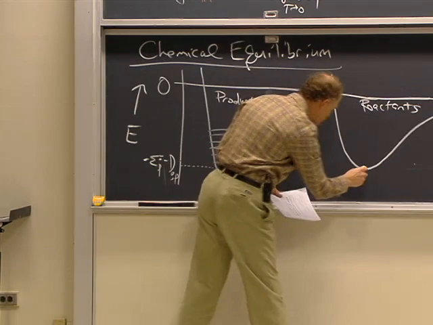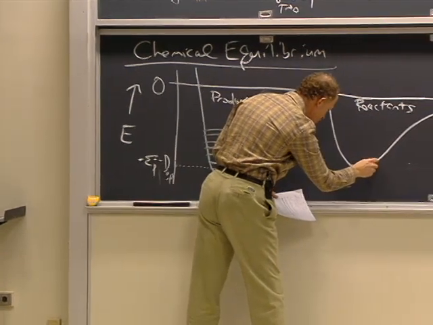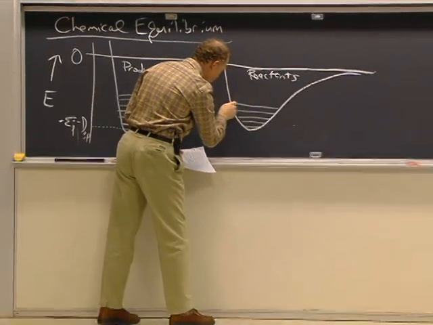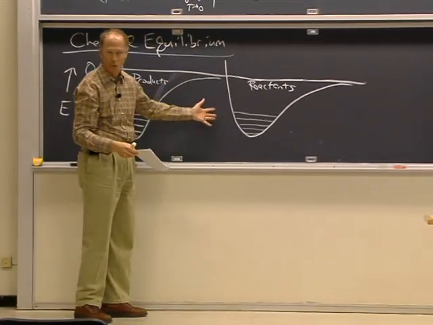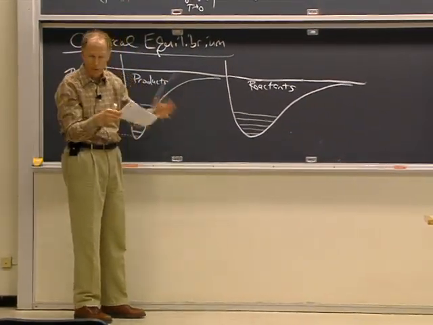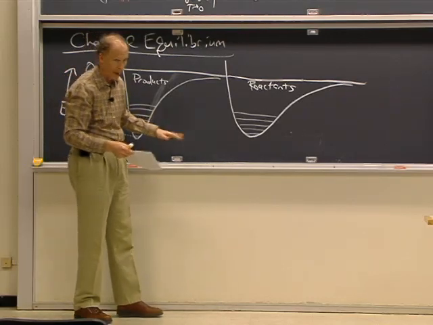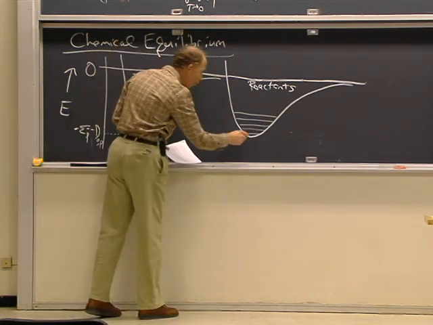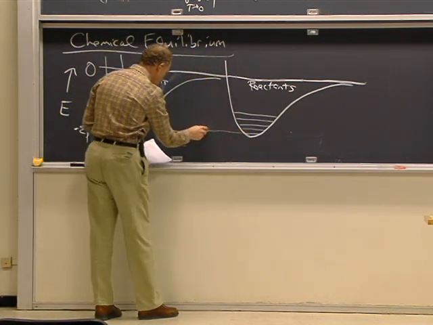And it's the same thing for the reactants. And really, if this were more than a diatomic molecule, maybe there would be a bunch of vibrational modes. It wouldn't matter. This would just represent all the vibrational energies. There's some lowest state available.